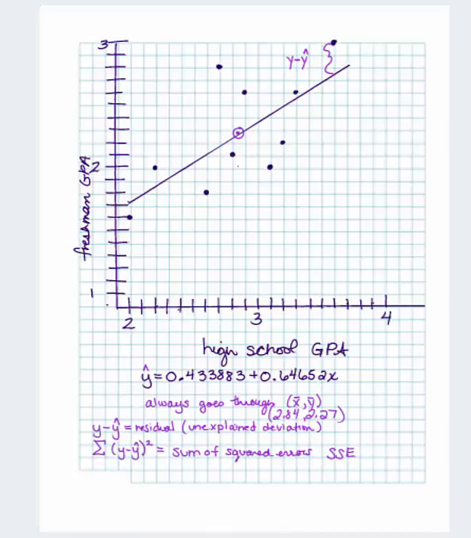And the other thing that I want to look at is something called SST. And what we need is the line for the mean of y. So remember, right here was my x bar, my y bar. This is actually my line of the mean of my y values.